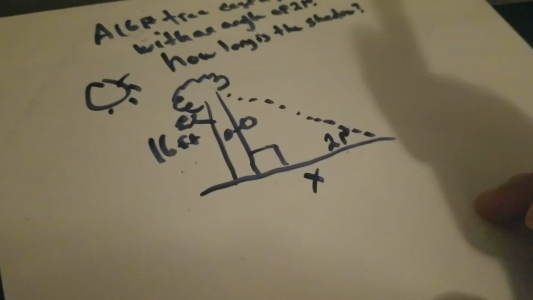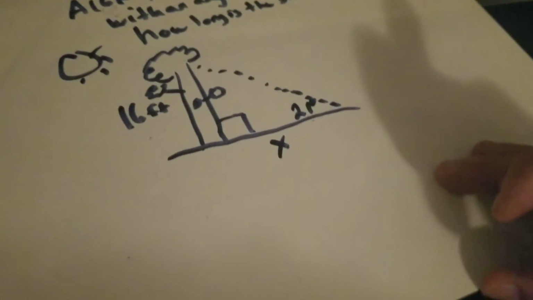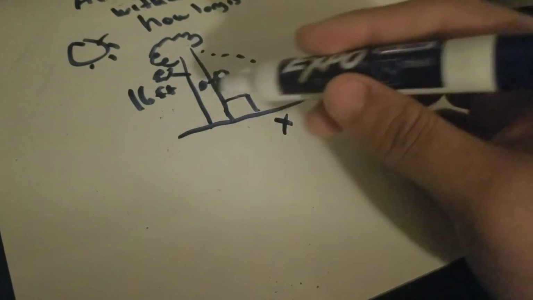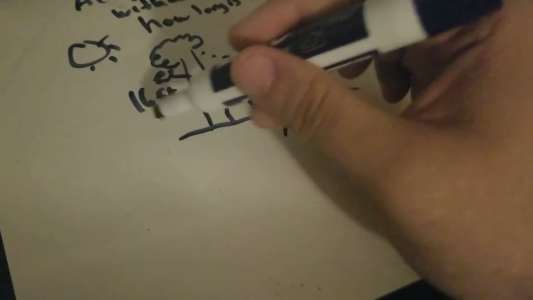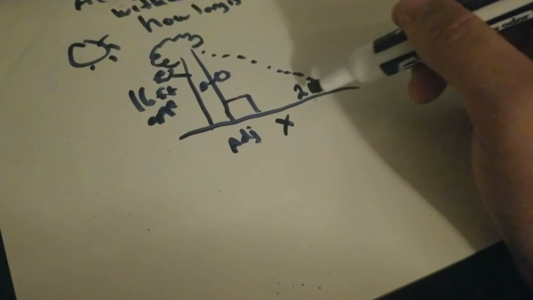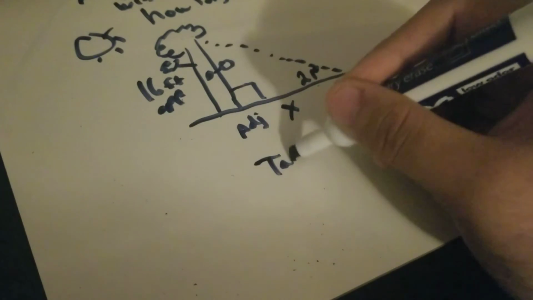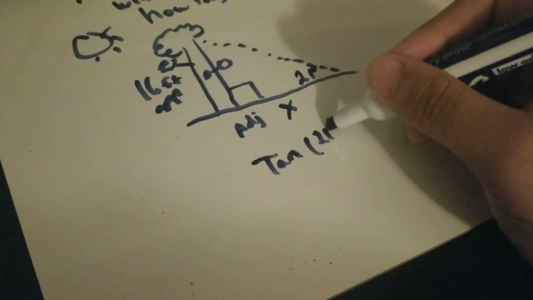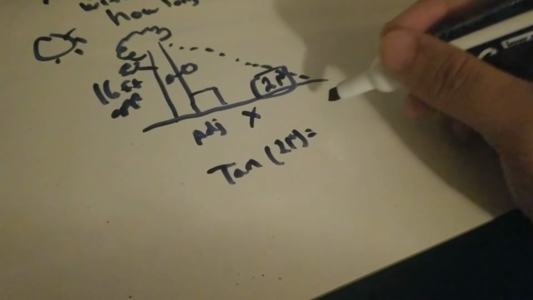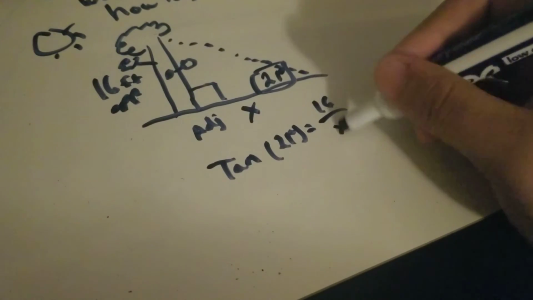And you know what's great about right triangles? I can use trigonometry for it. So let's do it. SOHCAHTOA. Before that, this is the opposite and this is adjacent. TOA uses opposite and adjacent. So tan of 21 degrees, I actually know the angle, equals opposite 16 over adjacent x.